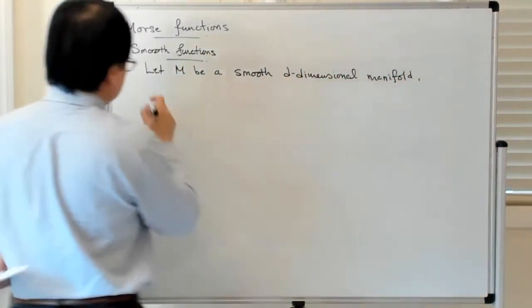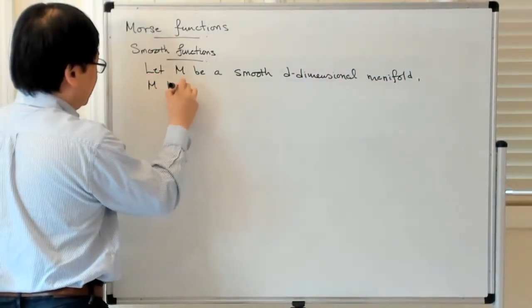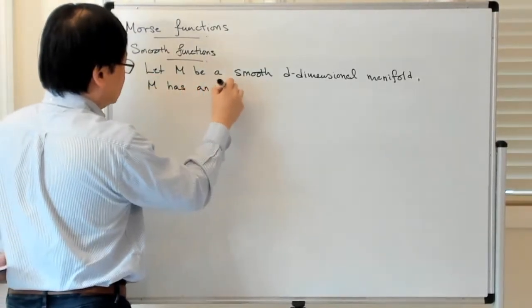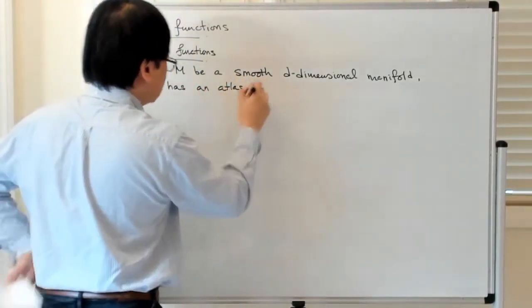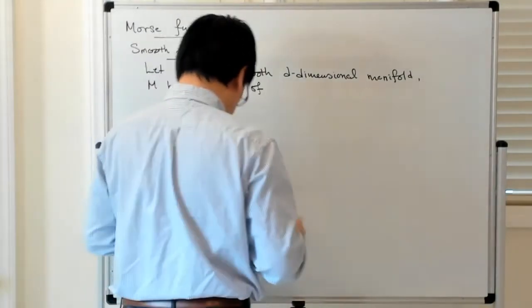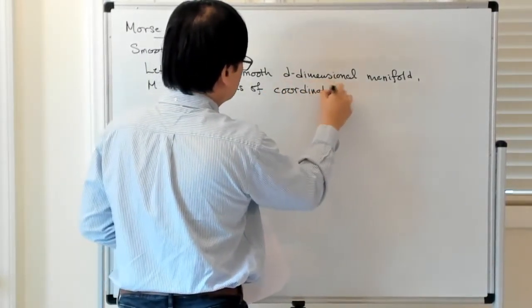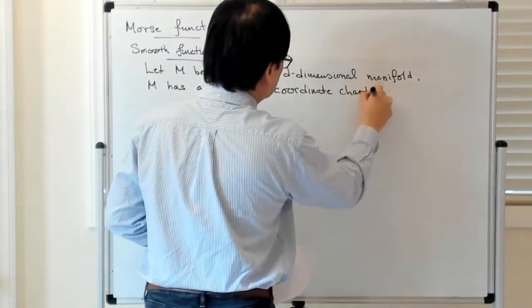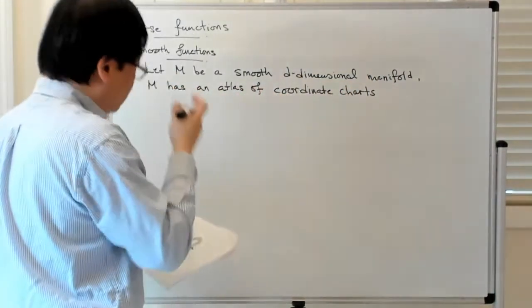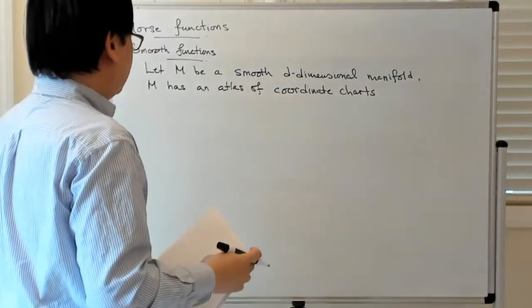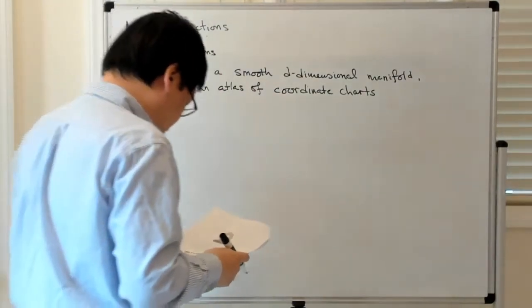What that basically means is that M has an atlas of coordinate charts, which give you a local diffeomorphism from a neighborhood of M to an open ball in R^d.